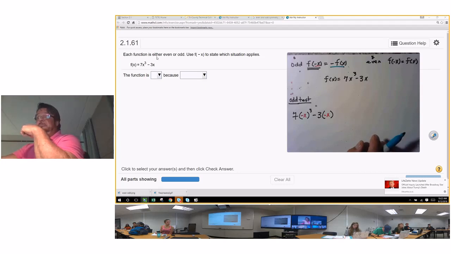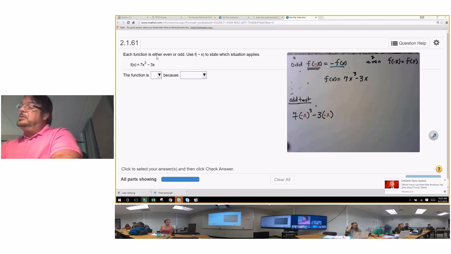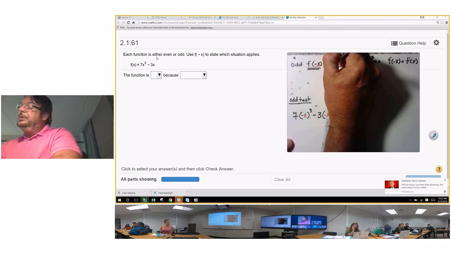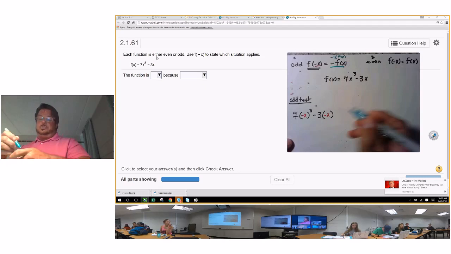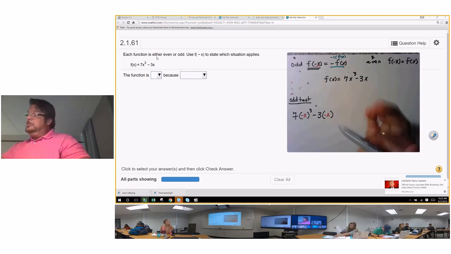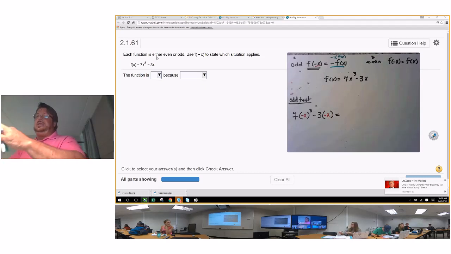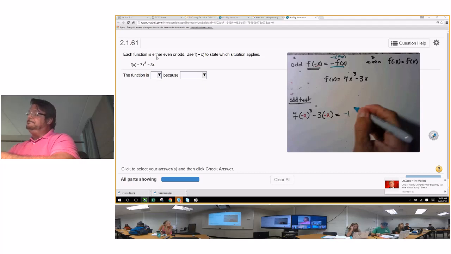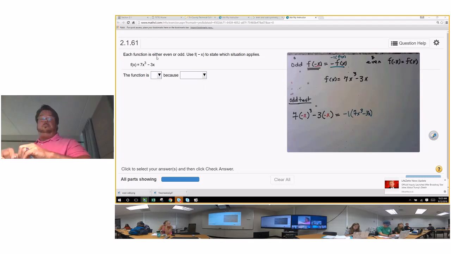Everybody with me? This right here means -1 times f of x, and you distribute that -1. So I'm going to say equals. And then that means I've got to put a -1 in front of 7x to the third minus 3x. Now all you have to do is your pre-algebra and see if they're equal to each other. So do that.